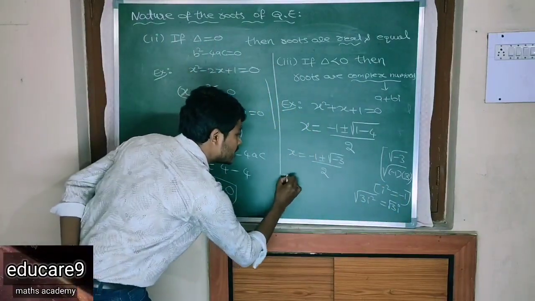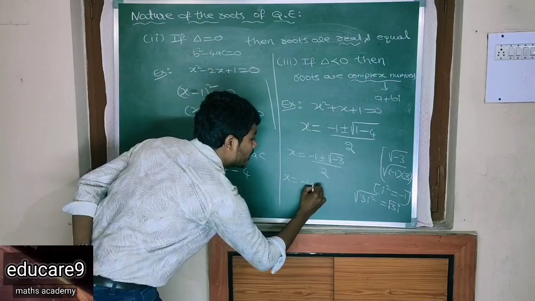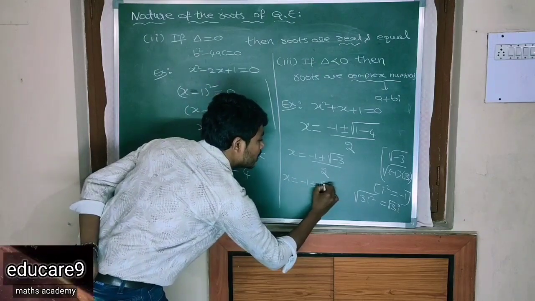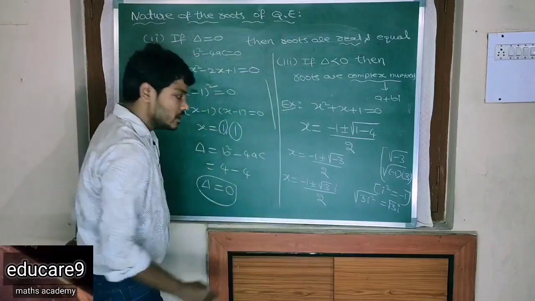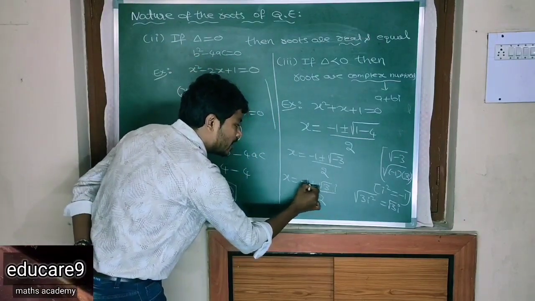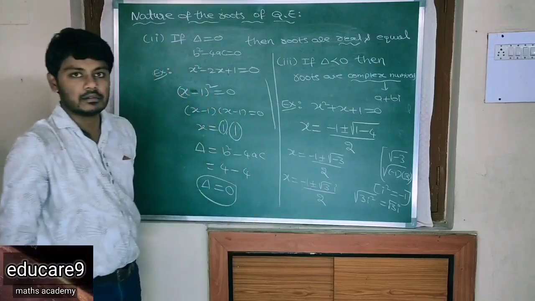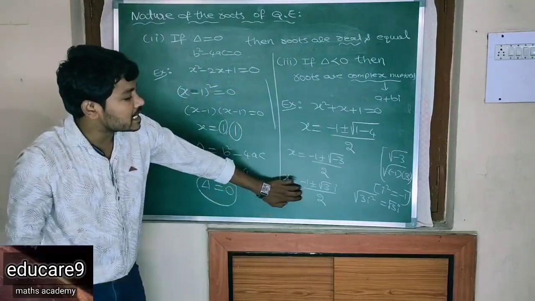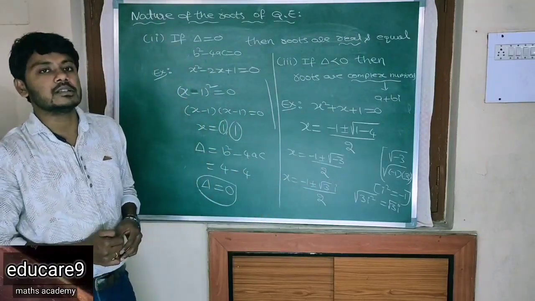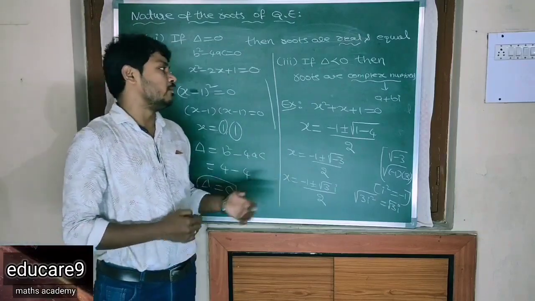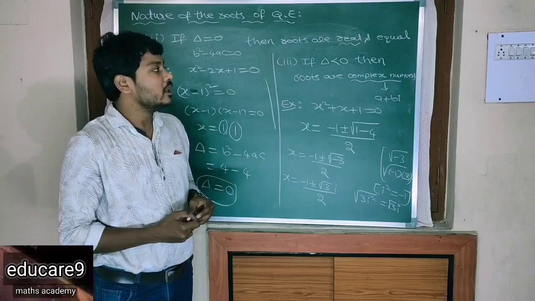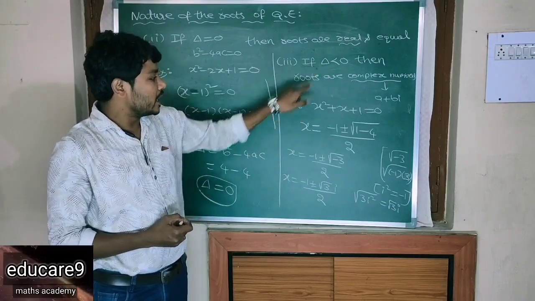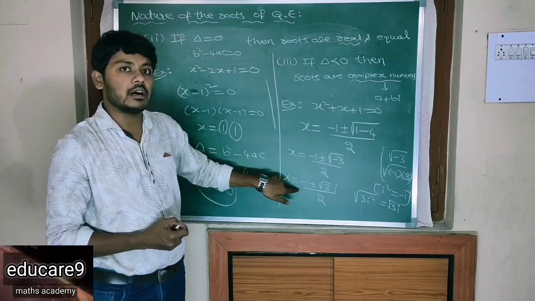Now root of minus 3 is written as root 3 i. So that is x is equal to what? Minus 1 plus or minus root 3 i by 2. So here it is in the form of a plus ib. So clearly these are complex numbers. Whenever you get complex numbers, if delta is less than 0, in that case you will get roots are complex.